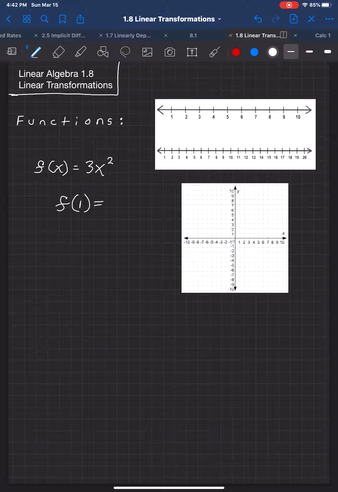Of course, the idea is you would have to choose some x value that you would plug in for x. You would then plug in, say, x is 1, into your function, 3x squared, and what would come back out would be 1 squared times 3, which is 3.